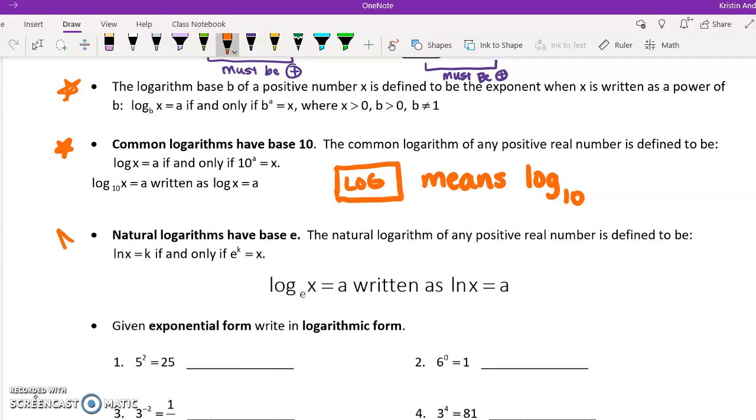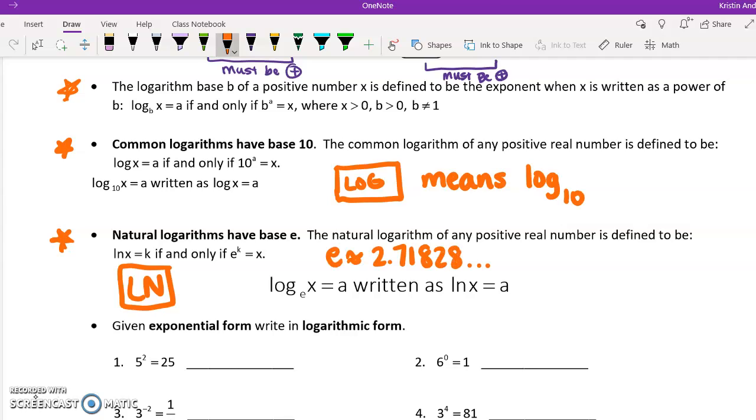Natural logs have a base e, and we write that as ln. So you have a button on your calculator that says ln, and that's just taking a log with a base e, and e is that number approximately 2.71828, and so on.